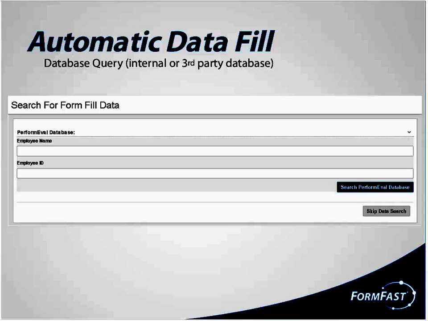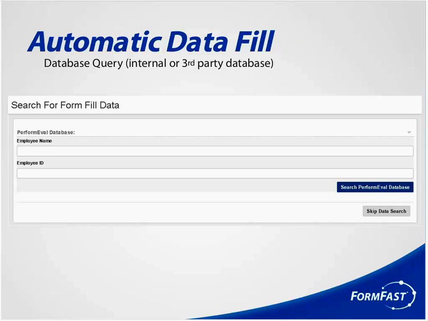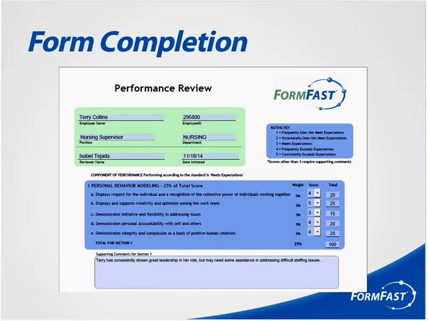So as a manager, I might be putting in a performance evaluation for one of my employees. Rather than typing that all in from scratch and having to remember all the details about my employee, I can go out to a database, bring them back into this form. So I may query by their ID or employee name, and then that will pre-fill some of the information on the form.